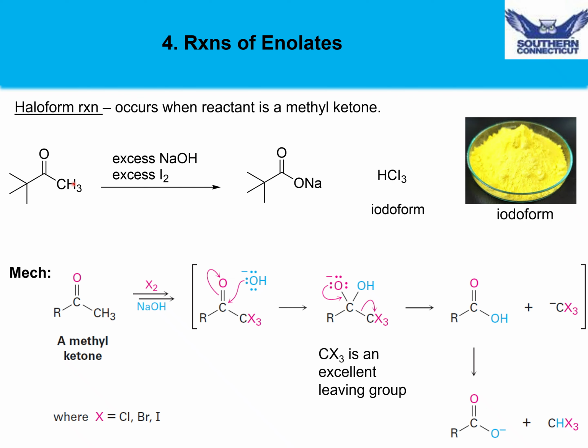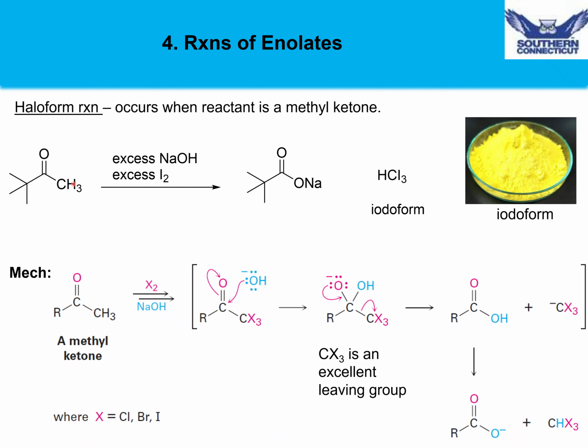The byproduct of this reaction would be iodoform if we're using I2. Note that iodoform is a brightly yellow solid, and so this is a reaction that we'll talk about in a moment that sometimes is used to test whether you have a ketone that is a methyl ketone.